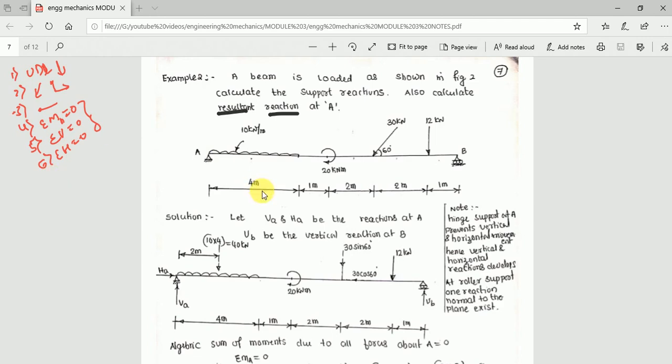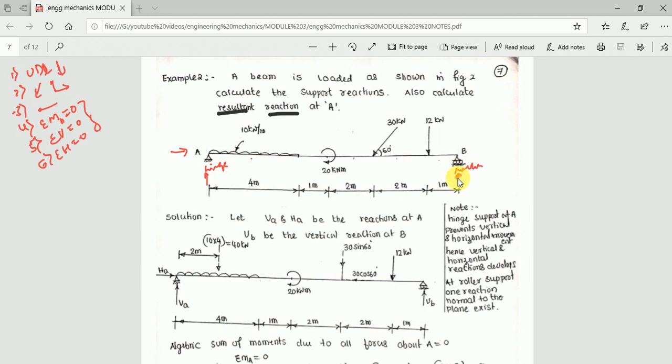See here, this beam is given; this end is a hinge, as the symbol shows, and this support is a roller support. So at the hinge, what are the restraints? One is horizontal restraint and another is vertical restraint. At the roller support, only vertical restraint acts, and the beam is free to move in the horizontal direction.